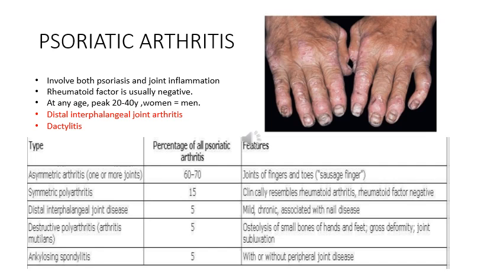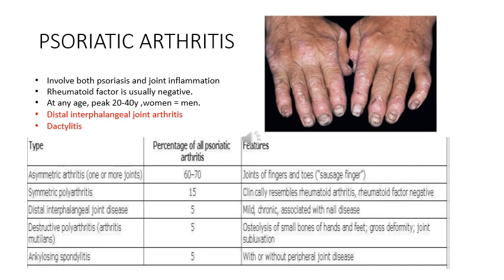Then symmetric polyarthritis. Symmetric means both sides of the body are equally involved. In around 15% of the cases, symmetric polyarthritis is also seen, which clinically resembles rheumatoid arthritis. But rheumatoid arthritis is mostly symmetric, and it can also be differentiated by the fact that the rheumatoid factor will be negative in psoriatic arthritis.